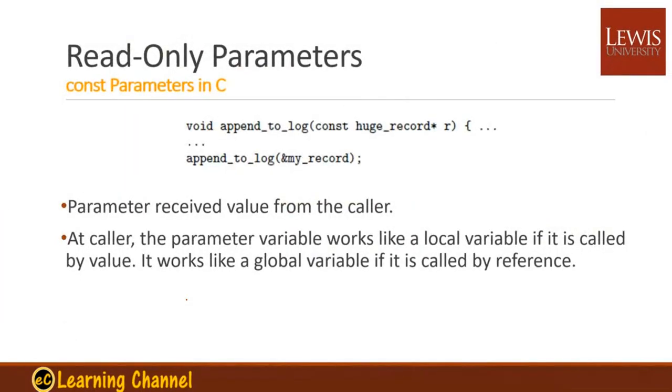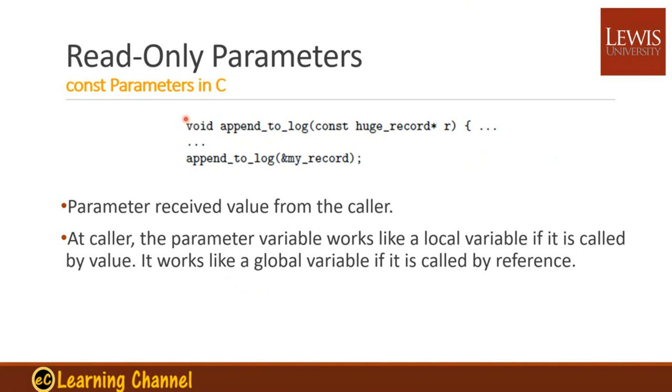Read-only parameter, constant parameter: in C language, you can declare some variable as a constant variable. The parameter receives the value from the caller, and at the callee the parameter variable works like a local variable if it is called by value, and like a global variable if it is called by reference.